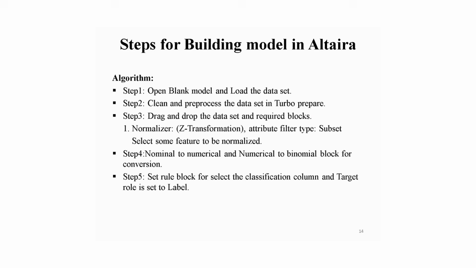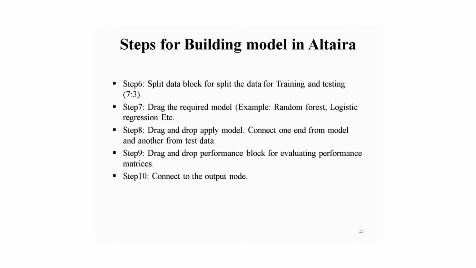These are the steps I already explained in our previous slides. I made one algorithm to explain the entire process I did to build a model. It involves a total of 10 steps.